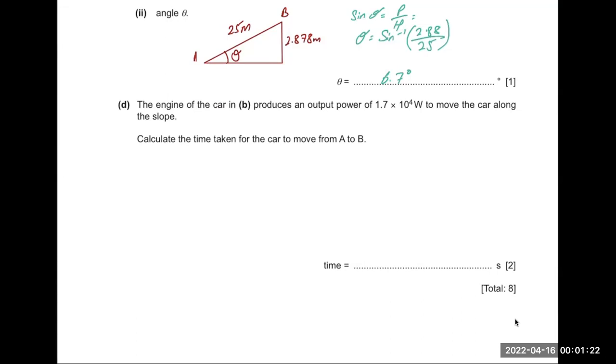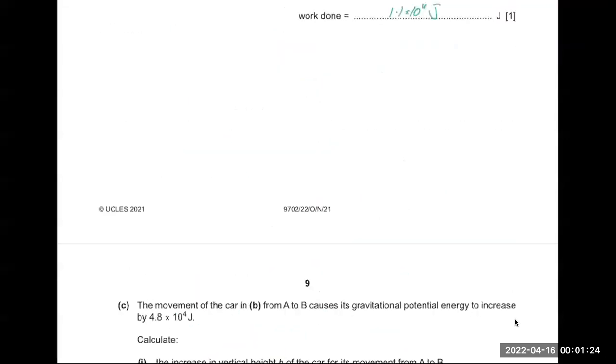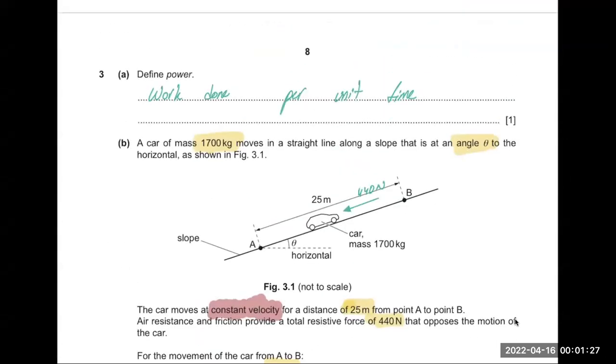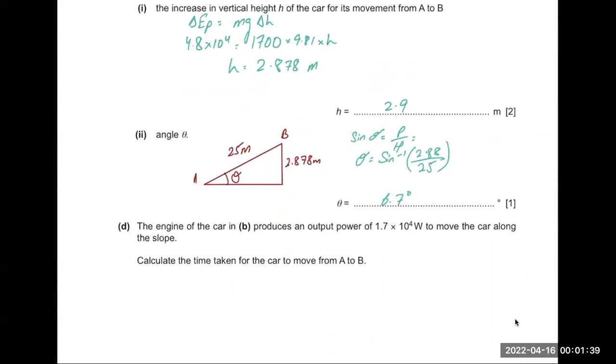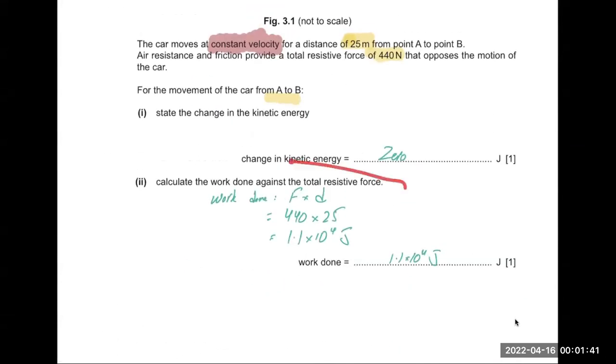So before we do that, let's go back to the question and see what's happening. The engine produces some energy, or it produces some power. Some of that energy is used to do work against the resistive force.